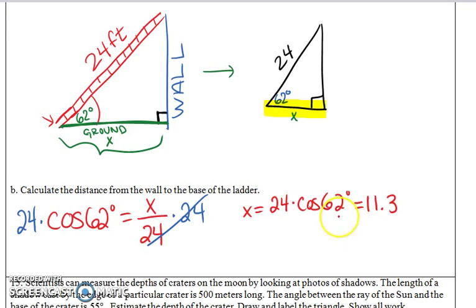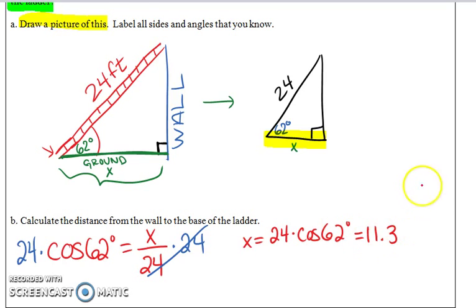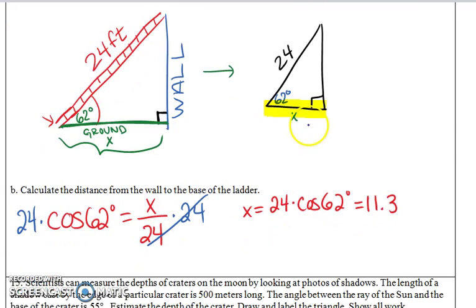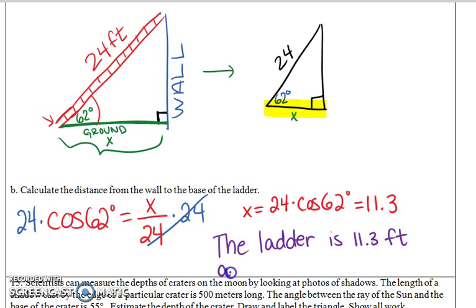So tying this all together, instead of just leaving this as our answer, because this was a word problem, let's write a sentence. So we can say that the ladder is 11.3 feet away from the wall.